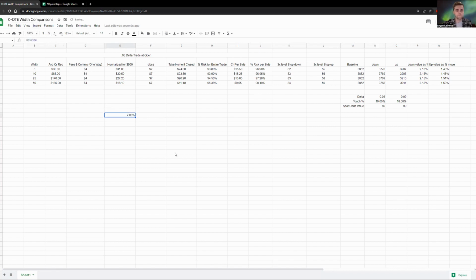That's 7%. So I call this the spot odds, because it's the odds at that particular point in time, but it's going to change during the day. They're giving you a 7% spot odds that this trade will expire in the money, so you have a 93% chance it'll expire outside of the money.